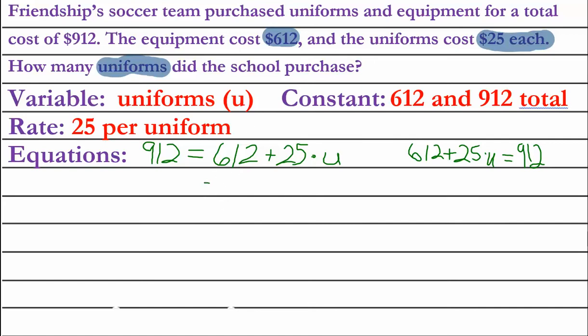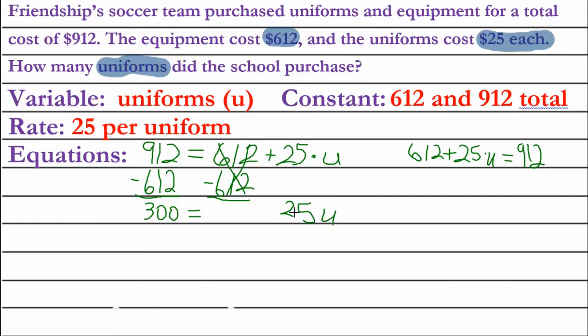Well, since it's a positive 612, we subtract 612 and zero that out. So after we zero out the 612, we also have to subtract it on the opposite side of the equation because we have to maintain that property of equality and that balance. So we end up with 300 equals 25U.